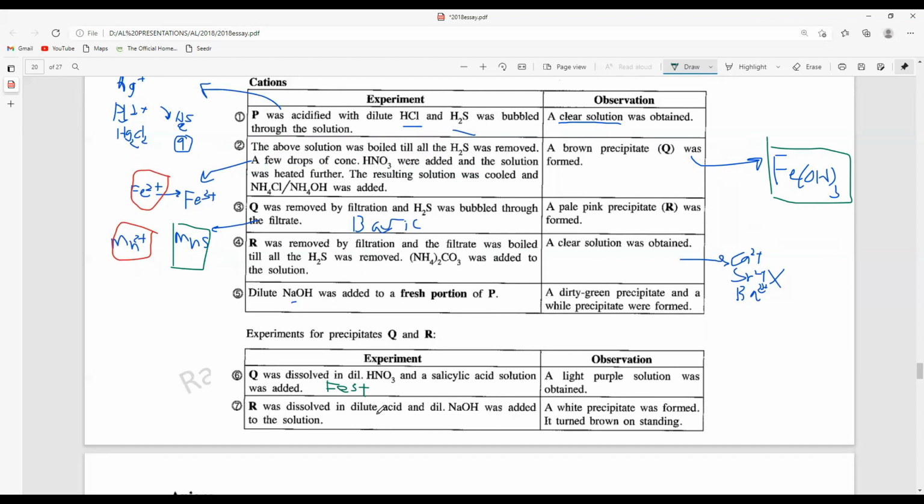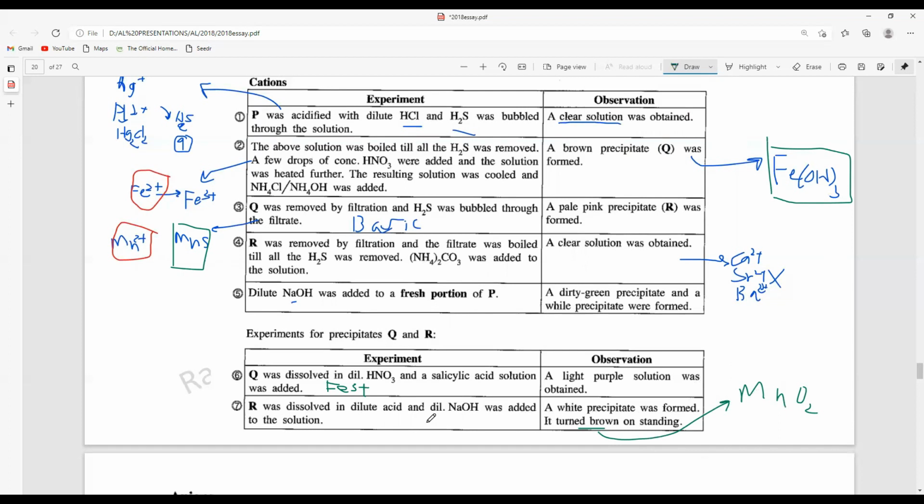R was dissolved in a dilute acid and dilute NaOH was added to the solution. So basically R means now MnS, a white precipitate is formed and it turned brown on heating. So you know why this is turning brown. That is due to formation of MnO2, so don't forget about that.